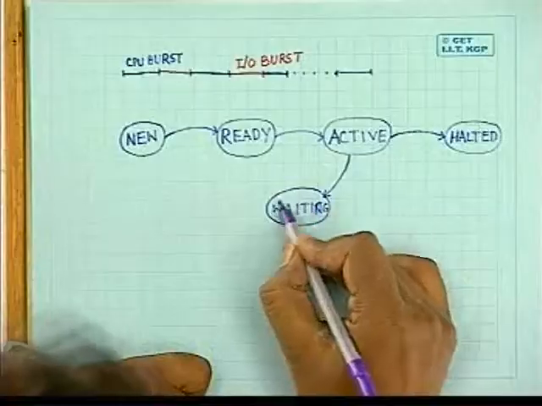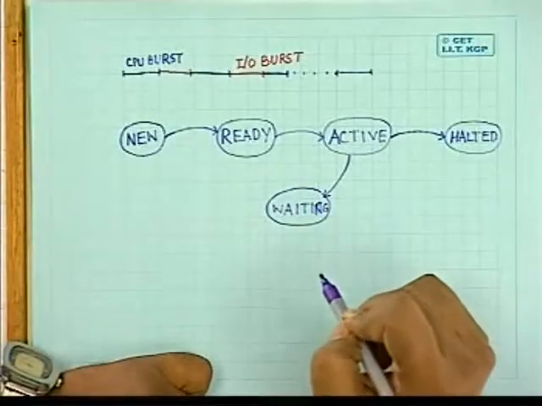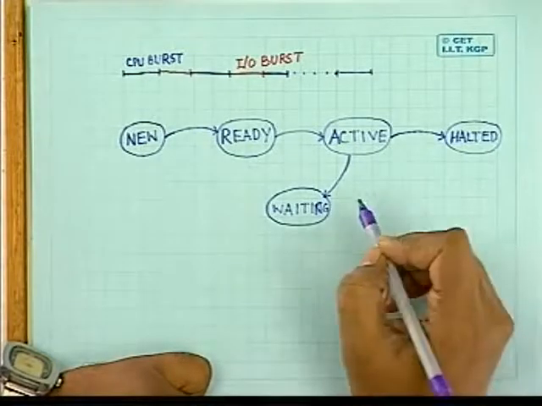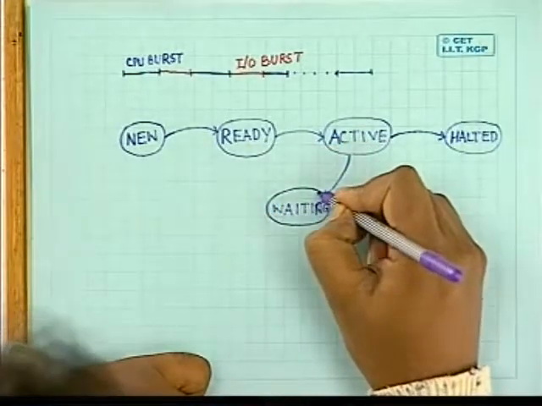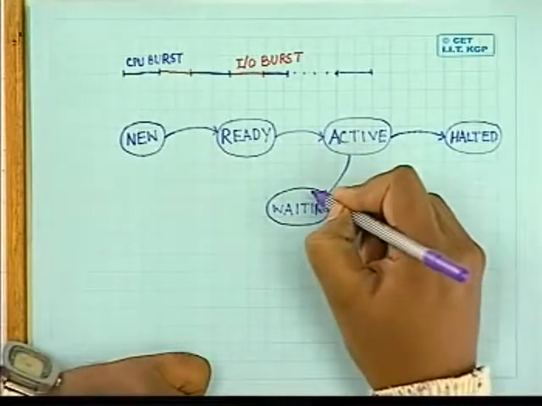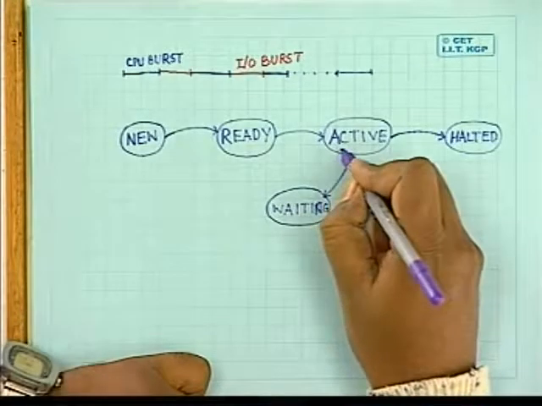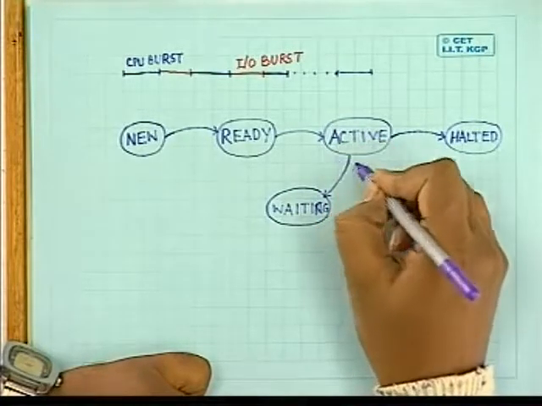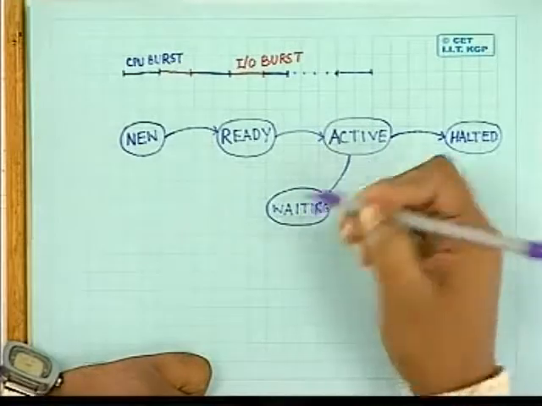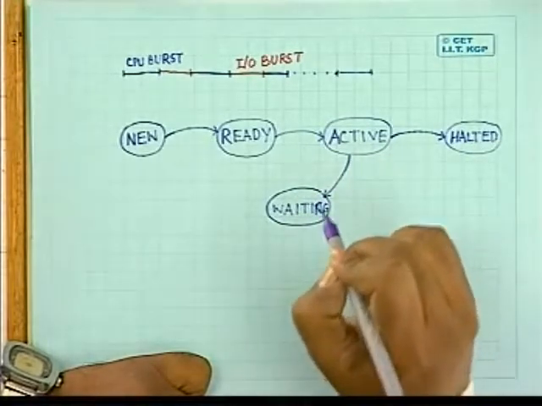Now, when this waiting state of the job is complete, that is, the IO operation which the job needs is complete, there are two ways. Either we can move the job from waiting state to active state, but in that case we have a risk that maybe the CPU burst of another job which was in progress is not yet complete.